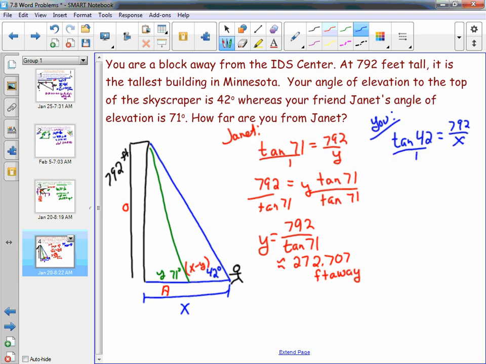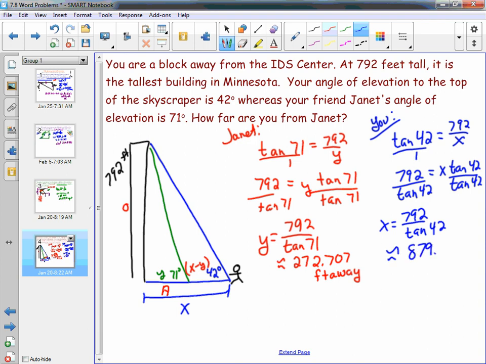Again, we're going to cross multiply and solve for x. And we find that you are approximately 879.605 feet away.